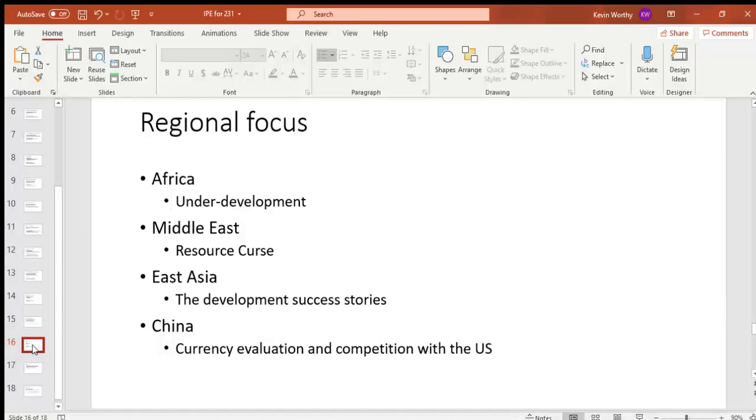So when we talk about East Asia, a lot of that's about these success stories and how they worked. Now, it should be no surprise that one of the things they did was labor suppression, right? They made their workers work harder for less, and then they dragged out as much as they could through their textile companies and then funded other things with those textile profits. But right, that's still the focus in East Asia. We see these regional focuses, and the regional focuses are tied to certain concepts. It's very normal in IPE.